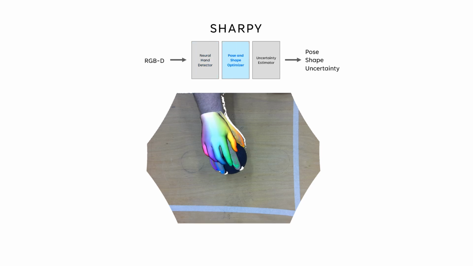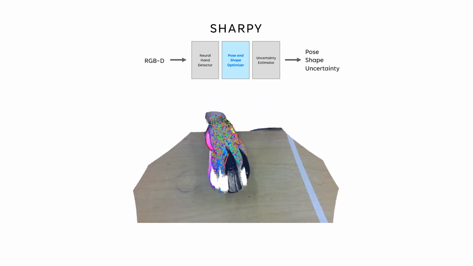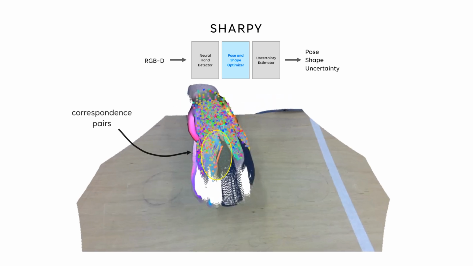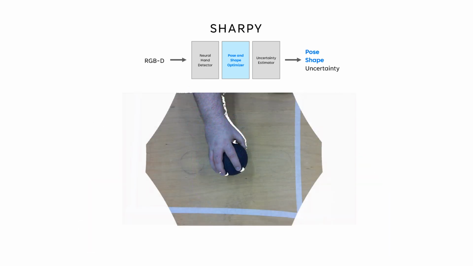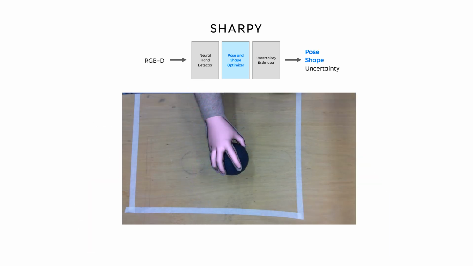With these canonical coordinates, we can establish correspondence pairs between the digital hand and the observations. The pairs are visualized as lines here. Based on those pairs, our optimizer computes the optimal pose and shape of a parametric digital hand model. But what if we have an image that is not so easy to predict as this one?